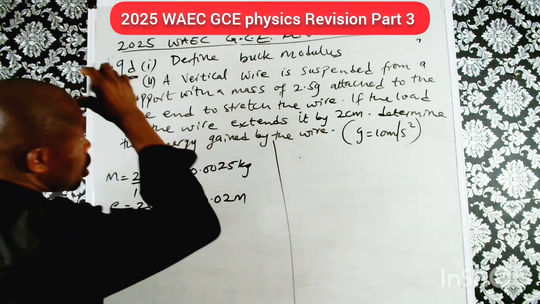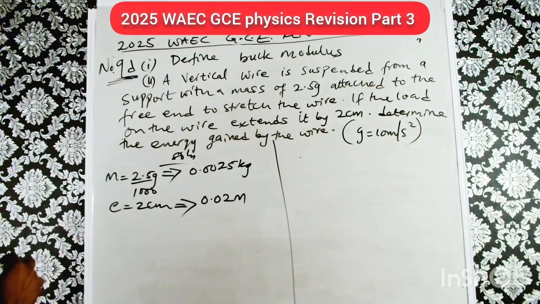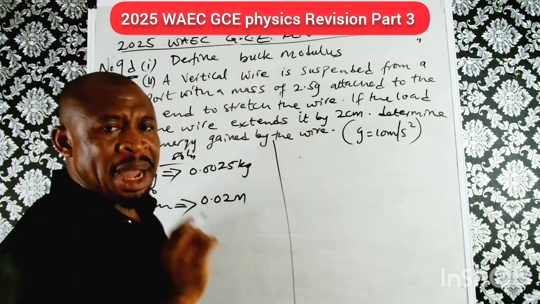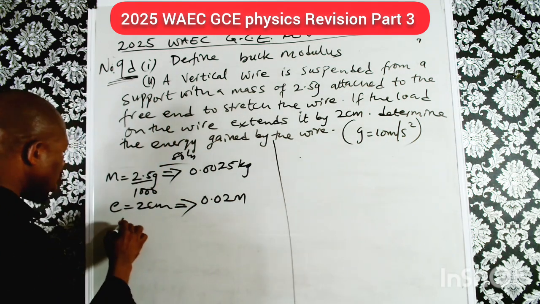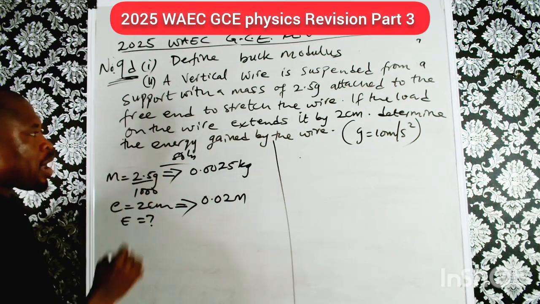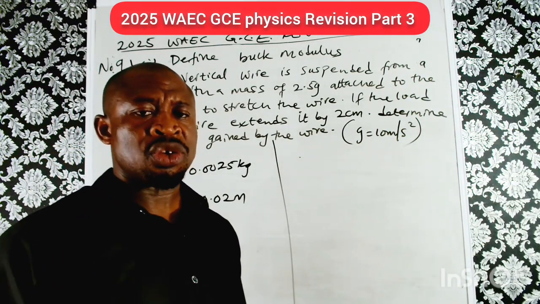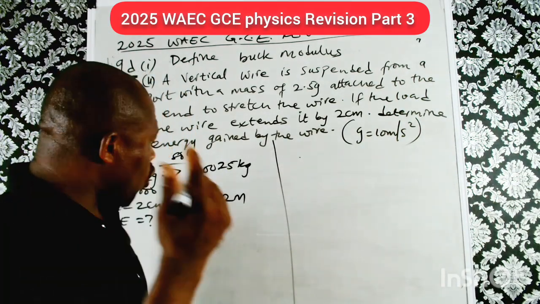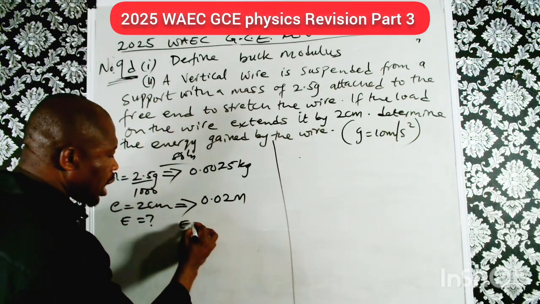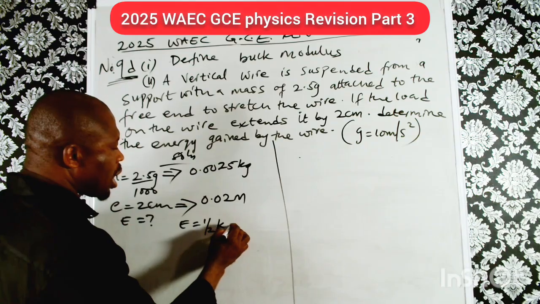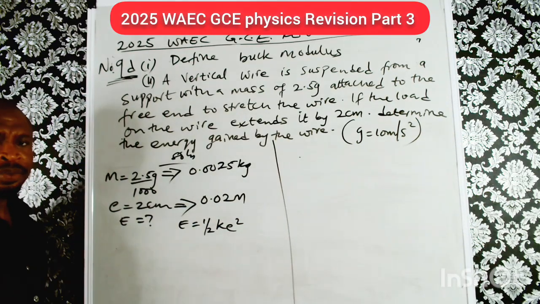Now, determine the energy gained by the wire. Energy gained is just the energy used in stretching that wire, and that energy E is equal to half Ke squared.